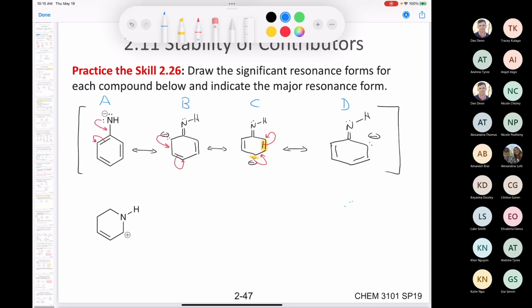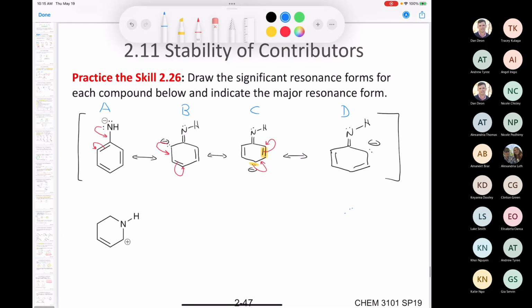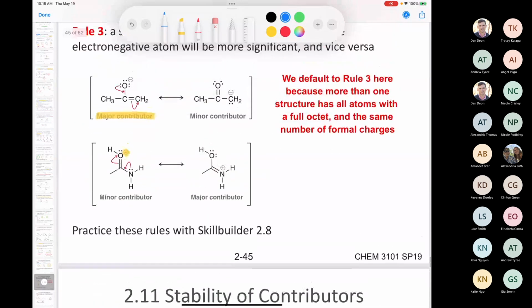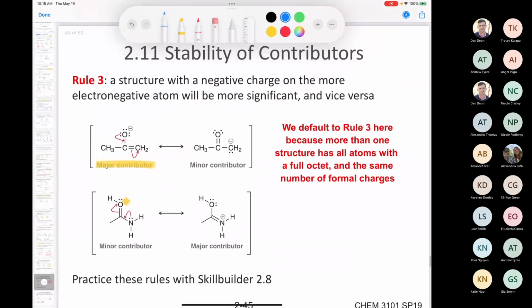No, they all have a negative charge, but if we go back here, what was the rule here? Rule number 3, a structure with a negative charge on the more electronegative atom is going to be the most significant.